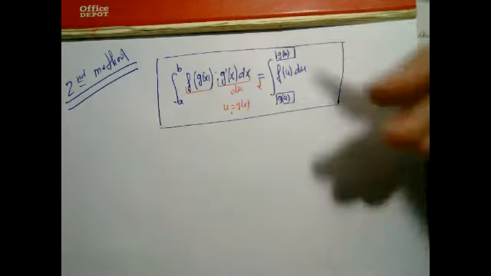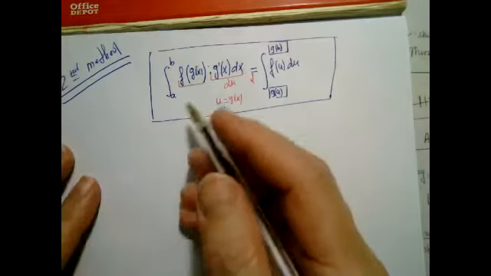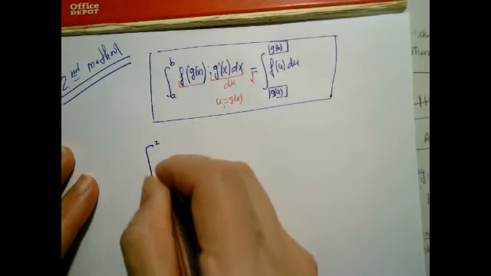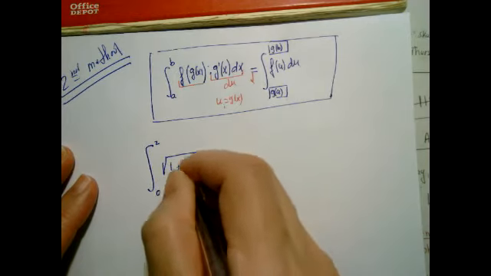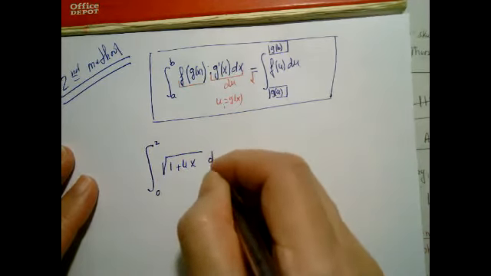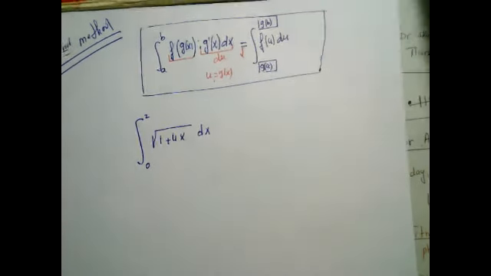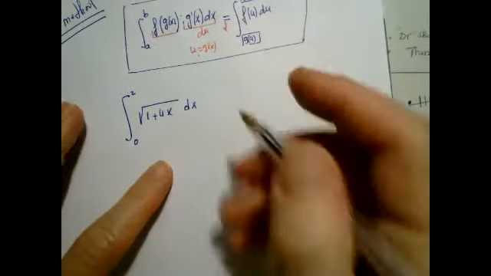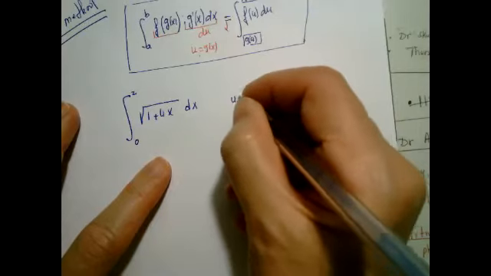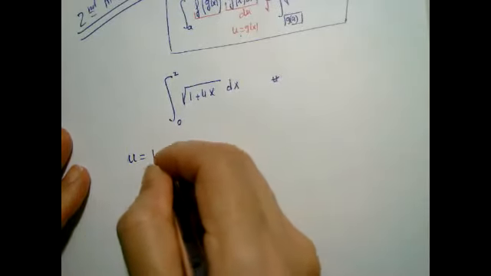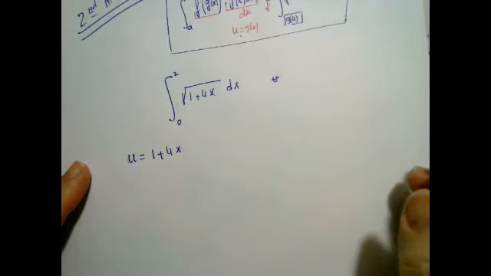Okay, so let's see what I am talking about. So for example, suppose I'm computing this integral, the same one. I definitely need the antiderivative, which involves a substitution. So we're going to use u equal to 1 plus 4x. That's the substitution.